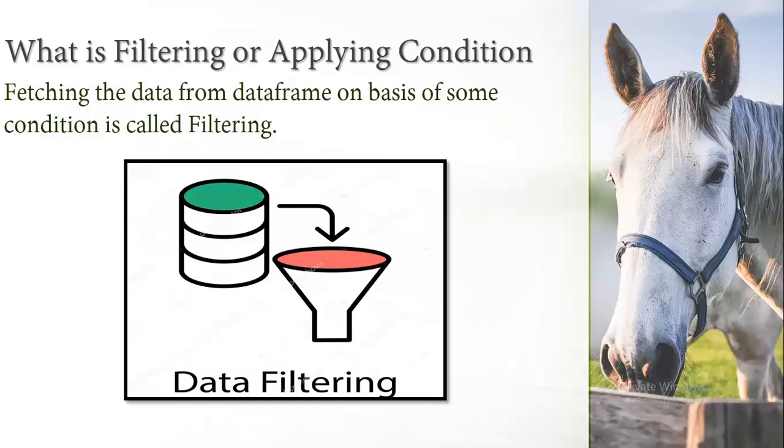For this purpose we have to add some conditions, or use filtering of data. Fetching the data from the data frame on the basis of some condition is called filtering. Is it okay? Once more, fetching the data from the data frame on the basis of some condition is called filtering.